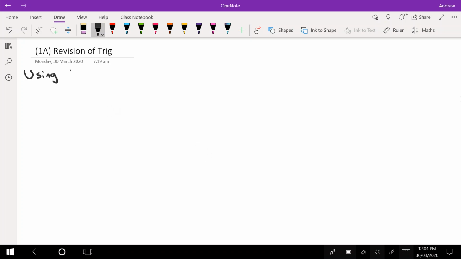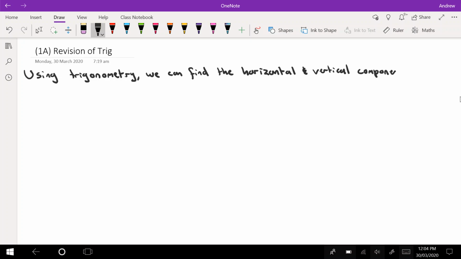So using trigonometry, we can find the horizontal and also the vertical components of a right-angled triangle.